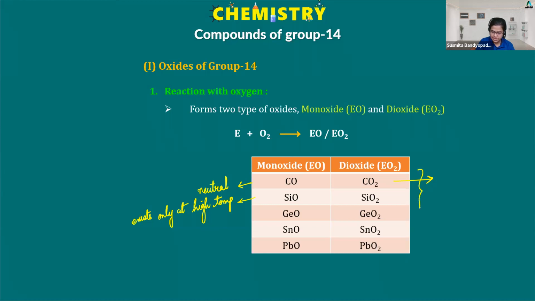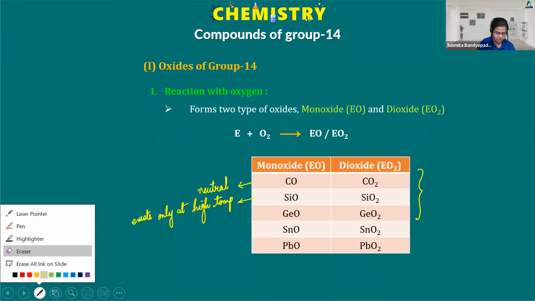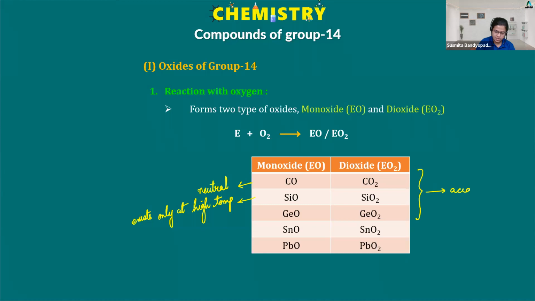Let's put a line and all the three. What is the nature? Acidic. Very good. These three are acidic in nature, and these two are amphoteric.